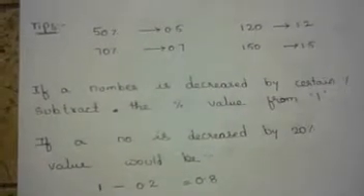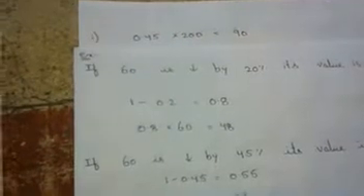In order to get more clarity, let's look at an example. Let us assume that the number 60 is reduced by 20%. What would be its value? As I've already told you, if a number is decreased, you have to convert the percentage value into its equivalent decimal form.